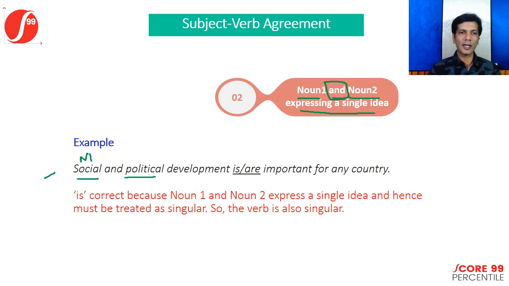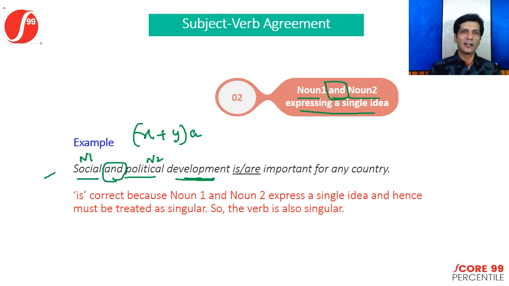So it looks like you have noun 1, noun 2 combined with a conjunction and. But understand that this development is common to both social and political. So it's something very, very mathematical. You look at it as x plus y times a. So this a is your development, x, y are social, political, plus is your and.